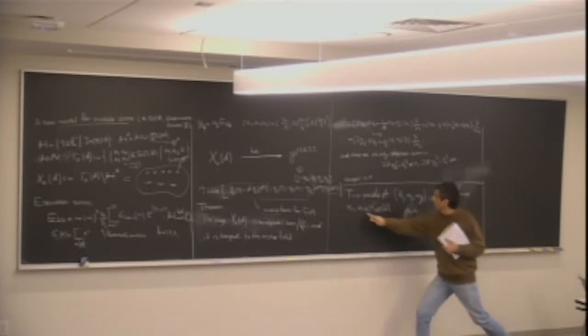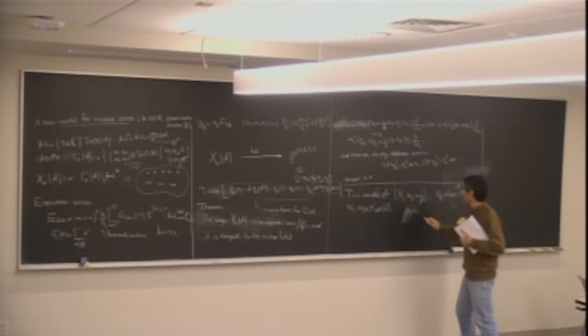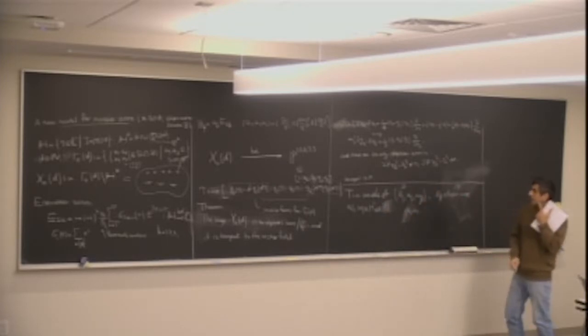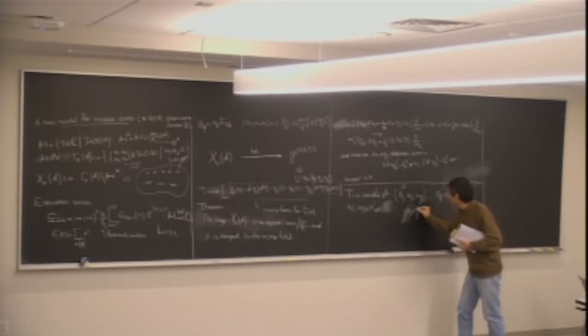Sometimes I will also use E. So let's do alpha 1, omega, and this 2 pi i integration over x of alpha cup omega.